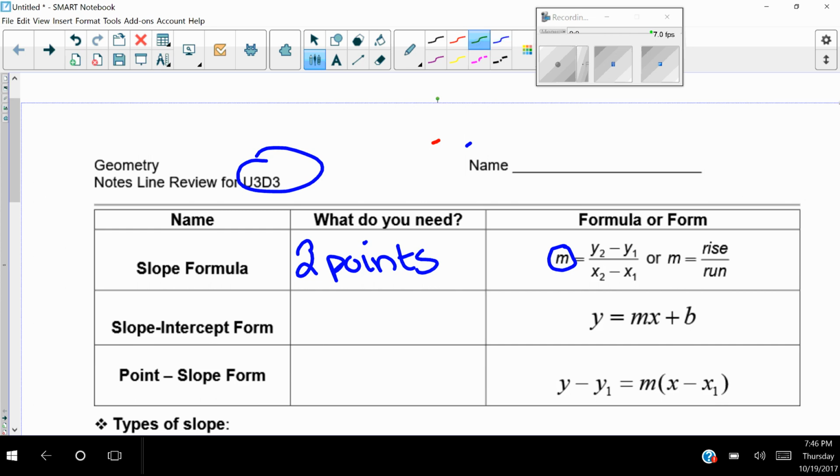So in order to plug it in, we will use the slope-intercept form. This is the slope-intercept form, y equals mx plus b. When we are given m, the slope, and the b, which is the y-intercept.